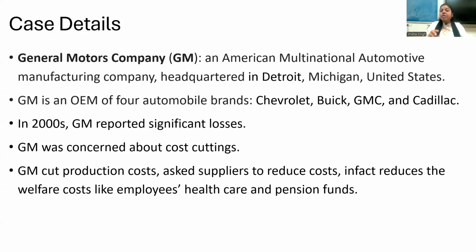And cost cutting was applied to those outsourced production, or you can say the external supplier production also. This is the scenario of the organization system. These details are explaining about a company, about an organization system, right?